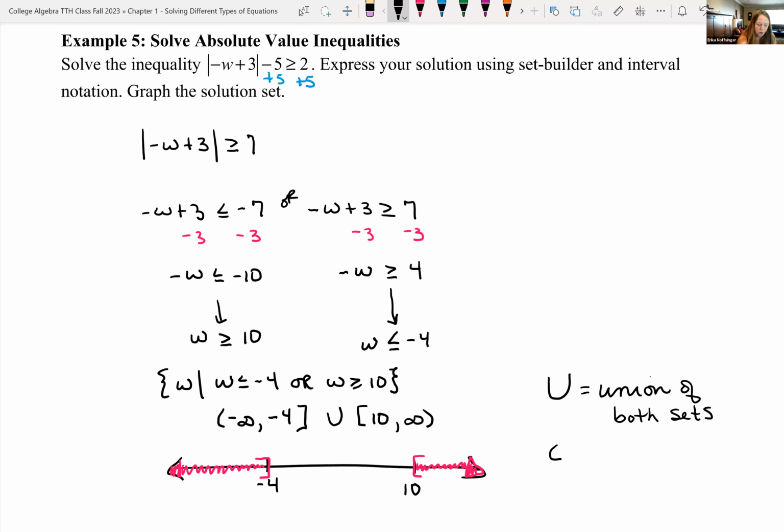And this is an or statement. So the solution is in either set.